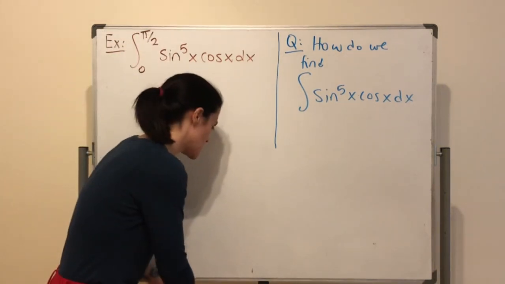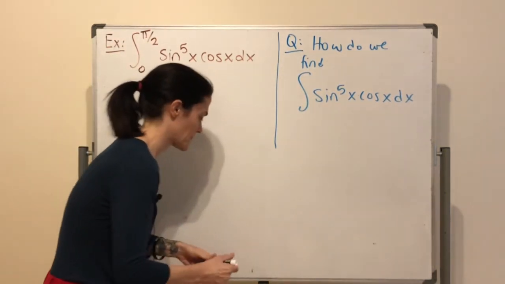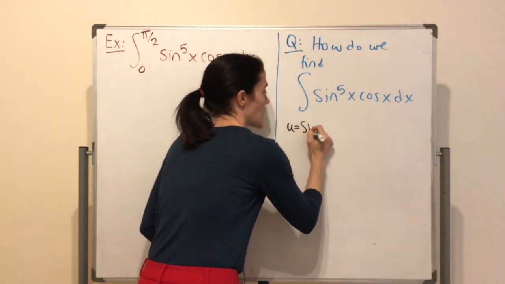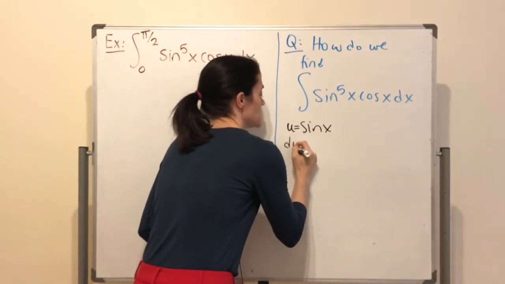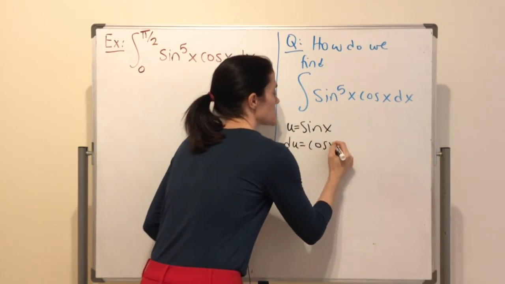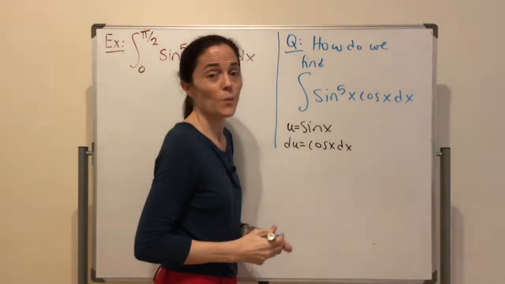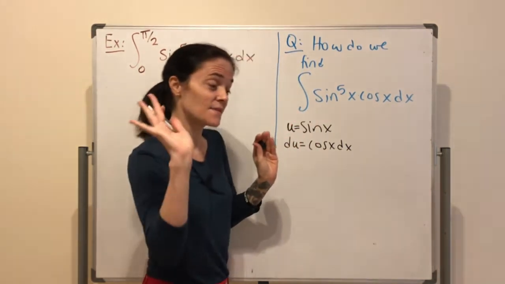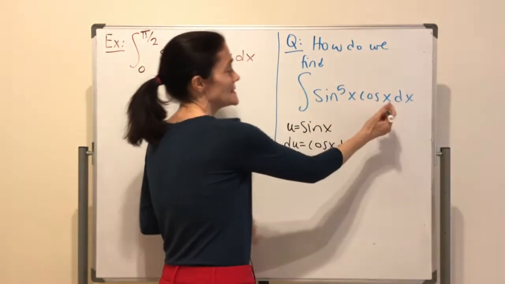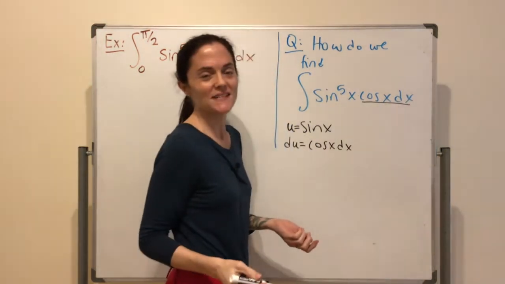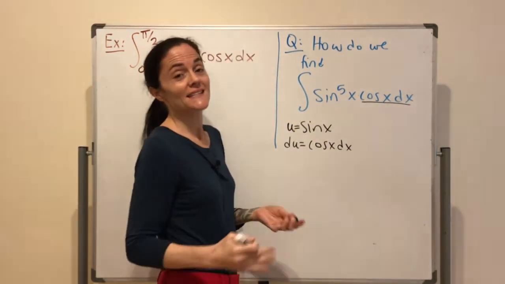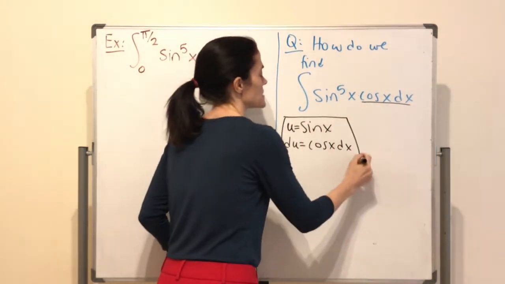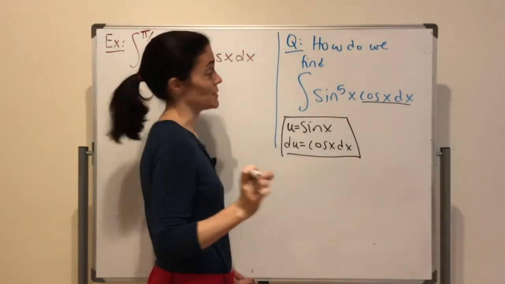Okay, let's do this. Here, u is sine of x, and du is cosine x dx. Why is u the sine of x? Well, it's really sine x to the 5th, and we have exactly the derivative of sine in our integrand, so I have exactly du.